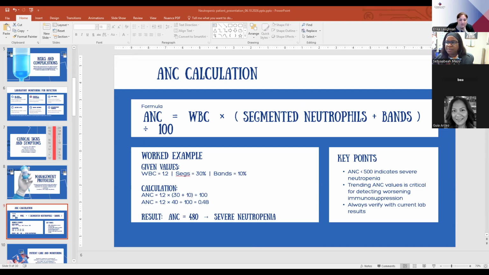Hopefully some of the staff members have seen the calculations of this. If not, maybe we can run through more of these calculations to get them comfortable. But the key point is that an ANC less than 500 indicates severe neutropenia. We want to look at trending values of ANC, and we also want to always verify our current lab results.